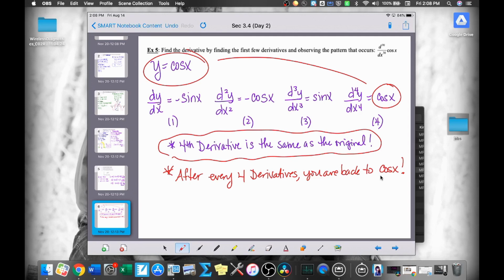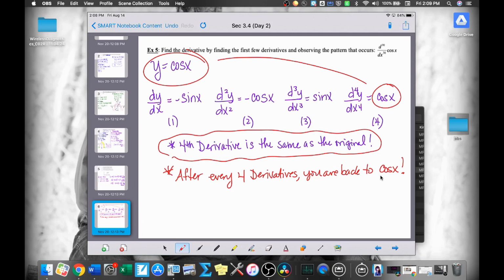So we need the number closest to 30 that is divisible by 4. That number would be 28, right? That's the closest number to 30, less than 30, that is divisible by 4, because 29 is not and 30 is not.